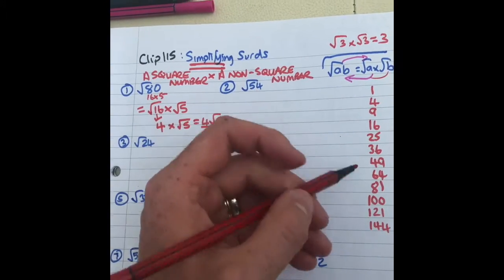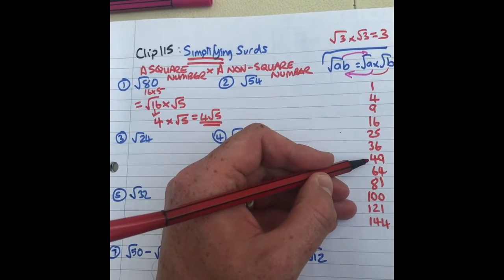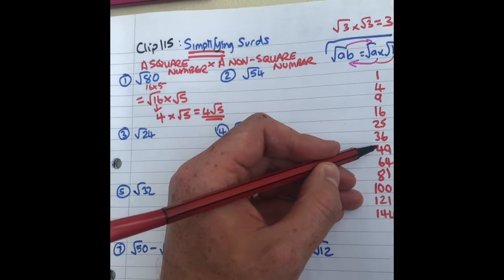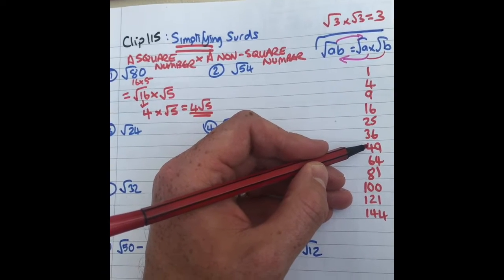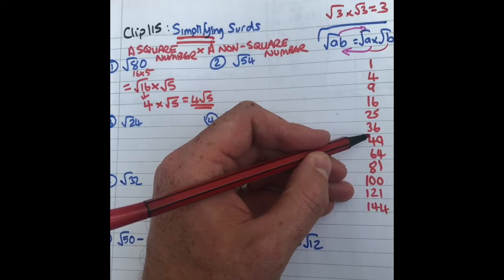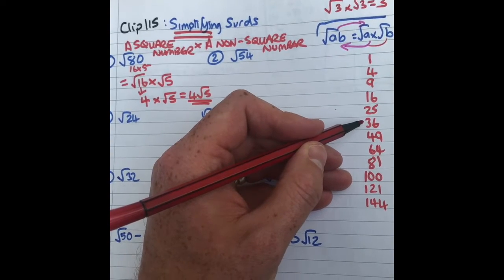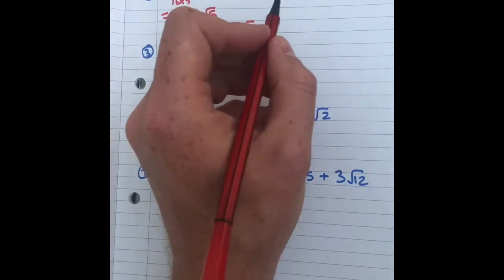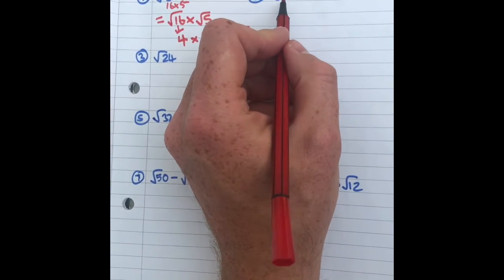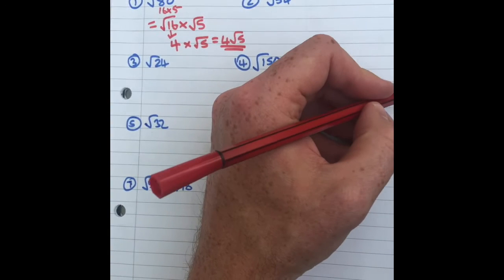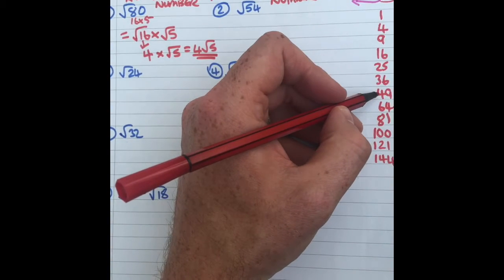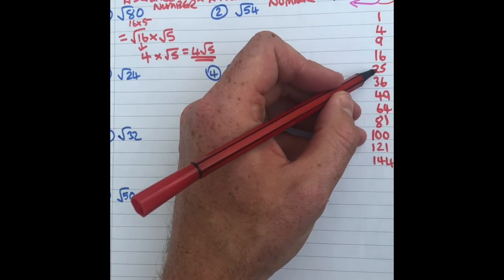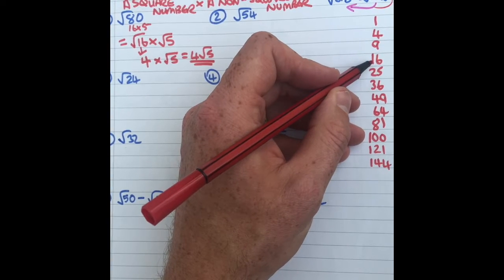Next one, root 54. So start at 54, which is in here. 49 doesn't go in. Let's go down from 49. 36, 25 doesn't go in. 16, does that go in?